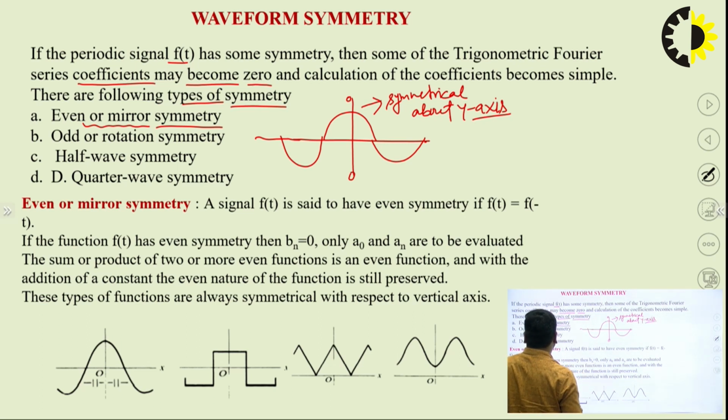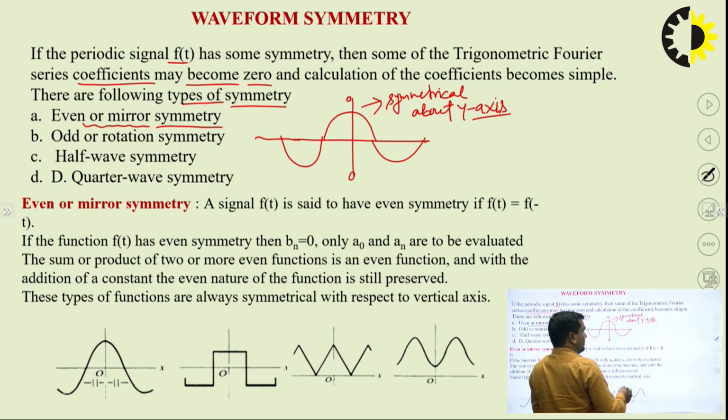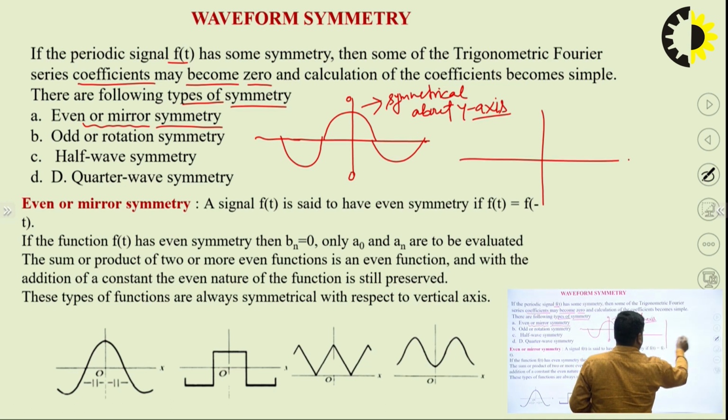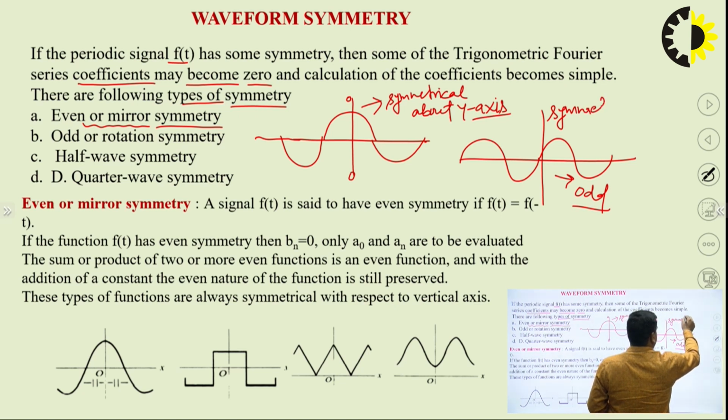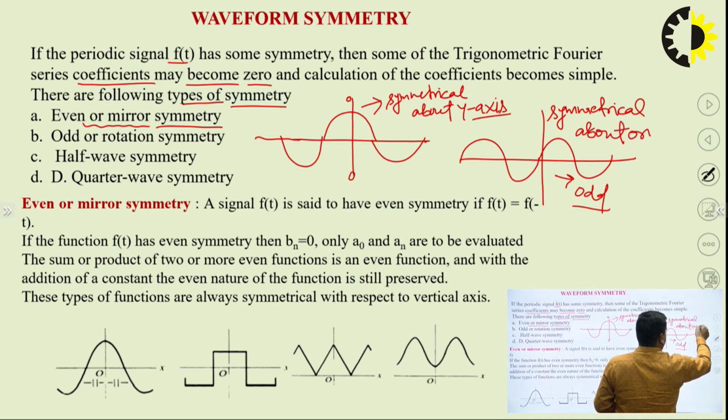Number two is odd or rotation symmetry. Odd means functions that are symmetrical about the origin, like the sine function. This is odd, so they are symmetrical about the origin.